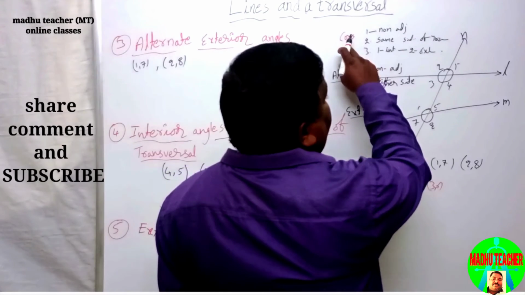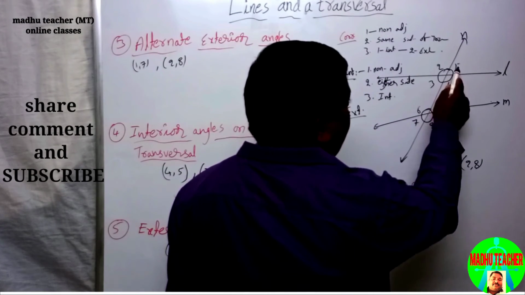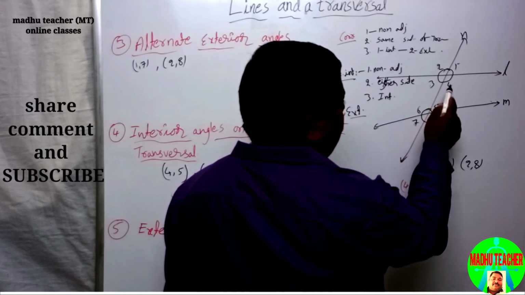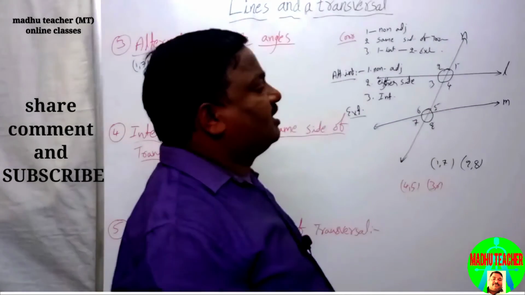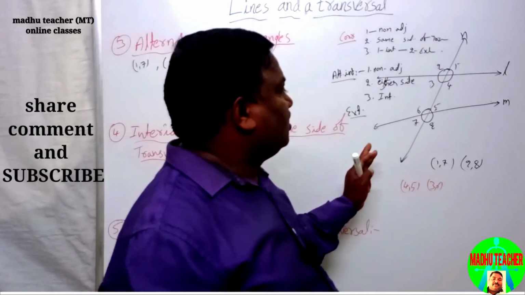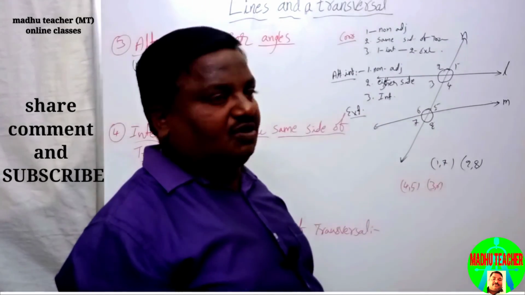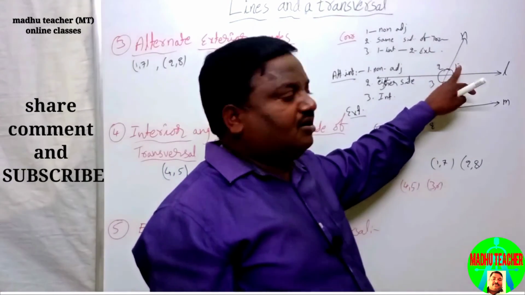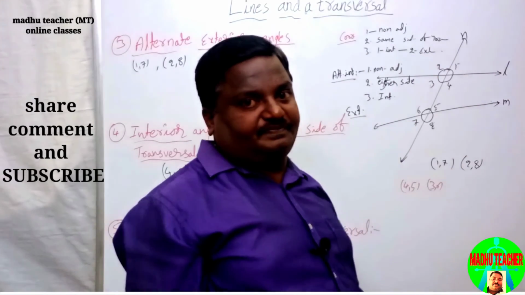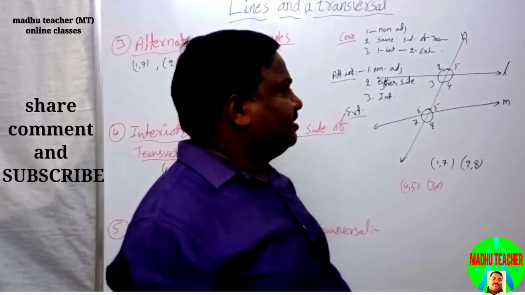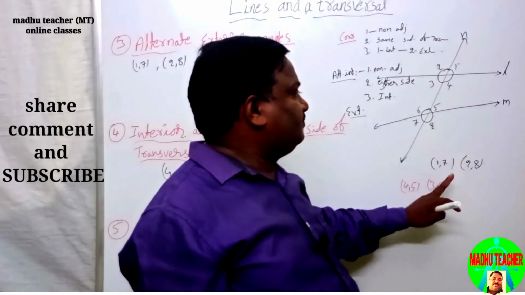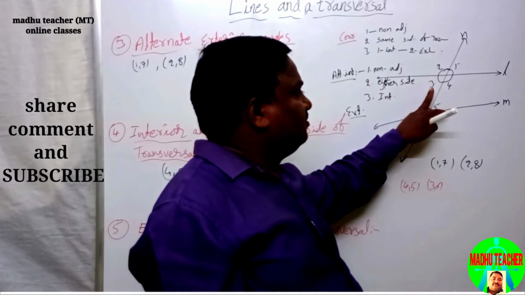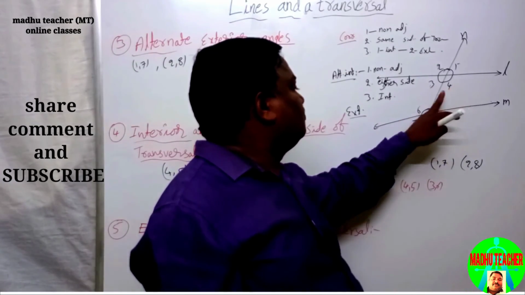So what are the corresponding angles? Corresponding angles are 1, 5; 2, 6; 3, 7; 4, 8. Both are non-adjacent, one is interior, one is exterior, and on the same side of the transversal. Alternate interior: non-adjacent, both interior and on either side of the transversal, 3, 5 and 4, 6.